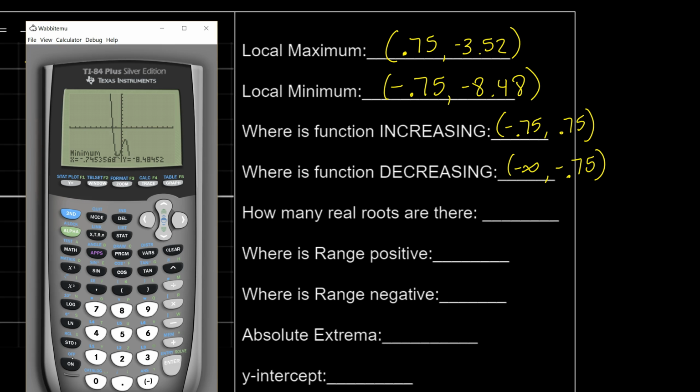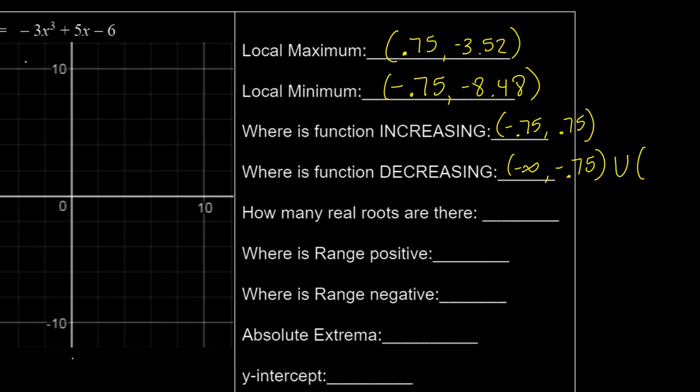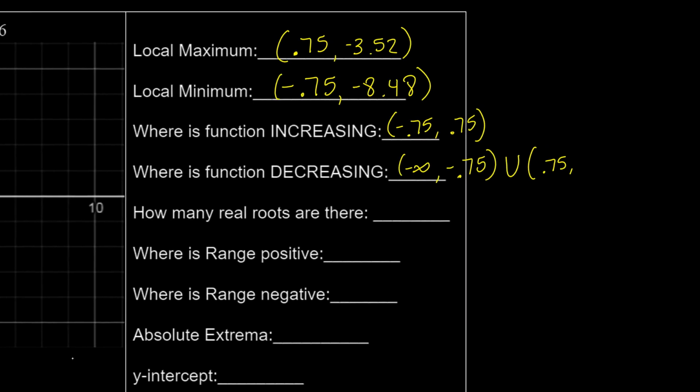So my local maximum x value is 0.75. And when do I stop decreasing? Positive infinity. Good. And because there are two intervals, you put the union symbol between them. Any questions?